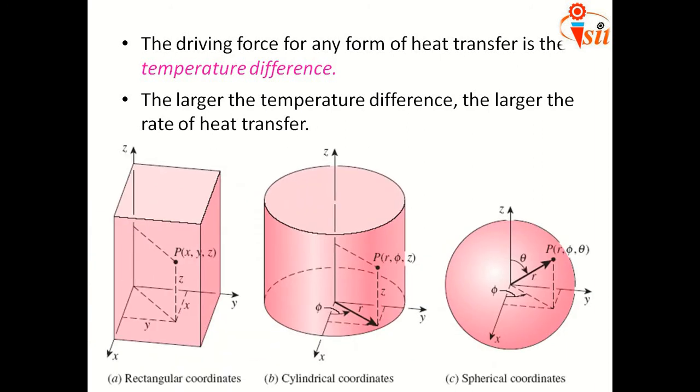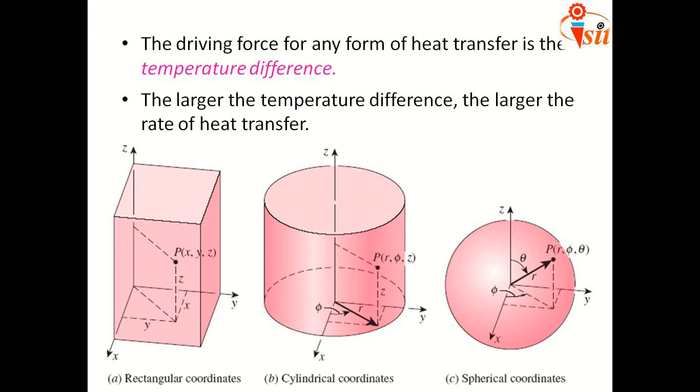So let's see what the coordinates are. These are the rectangular coordinates x, y, z. Suppose a point on a surface or at any location in the rectangle, we need to define it using these three parameters x, y, and z.